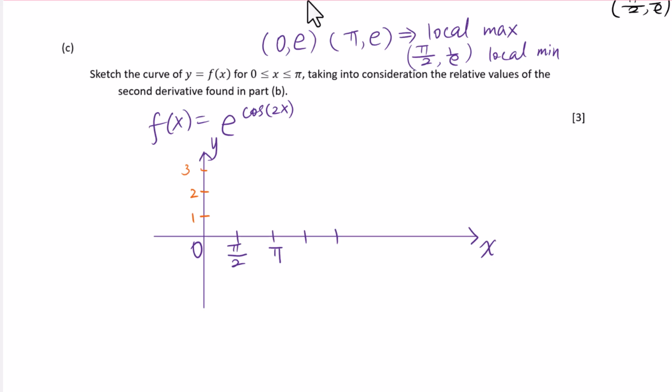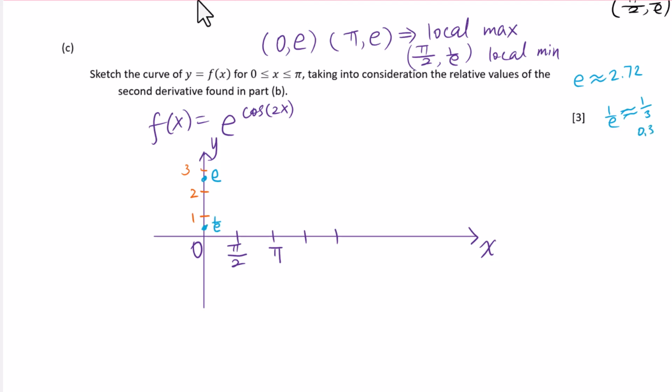We do know e is approximately 2.72. So you can label this as e. 1 over e is approximately 1 over 3, which is 0.3.